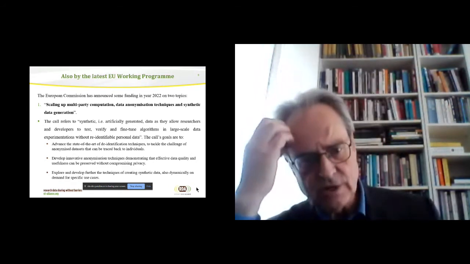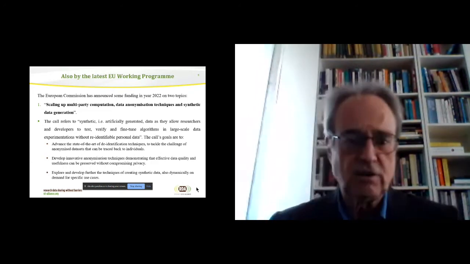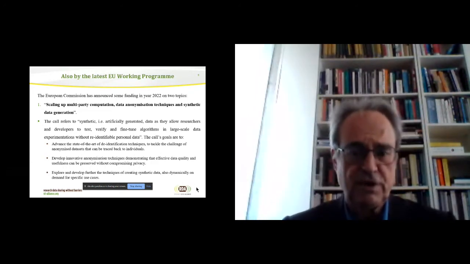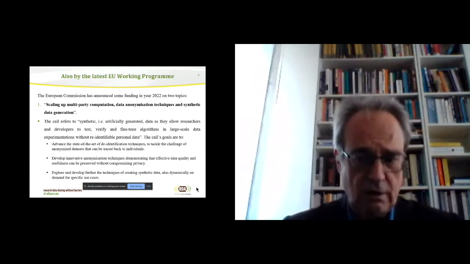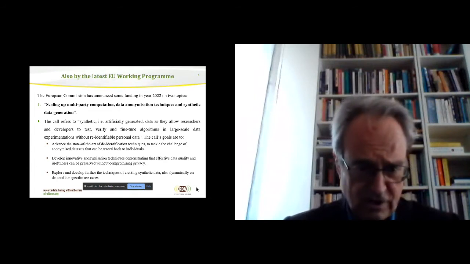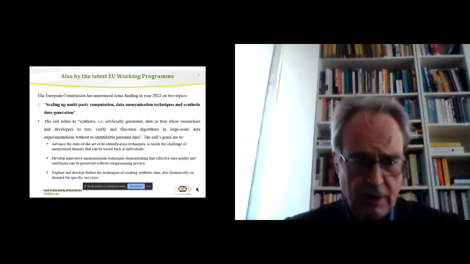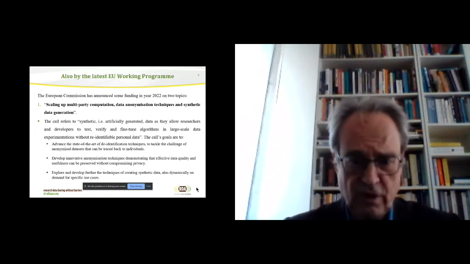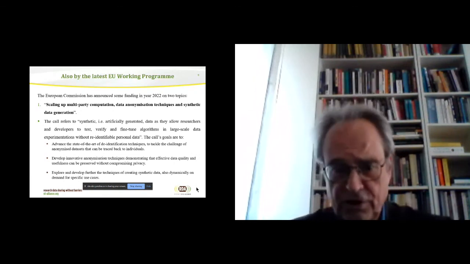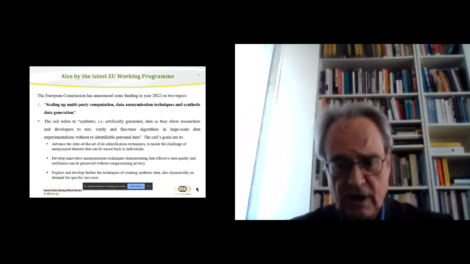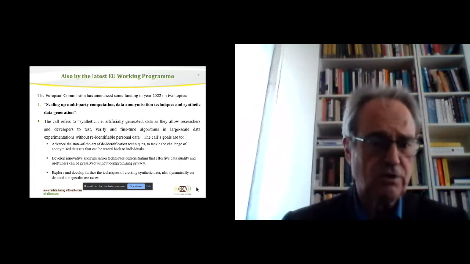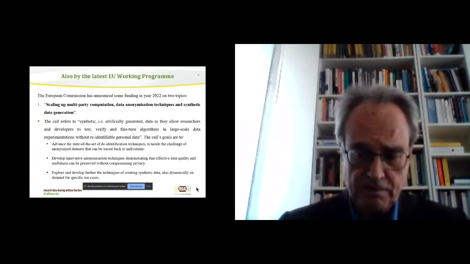The call's goals are to advance the state-of-the-art of de-identification techniques, to tackle the challenge of anonymized data sets that can be traced back to individuals, to develop innovative anonymization techniques demonstrating that effective data quality and usefulness can be preserved without compromising privacy, to explore and develop further the techniques of creating synthetic data, also dynamically on demand for specific use cases.